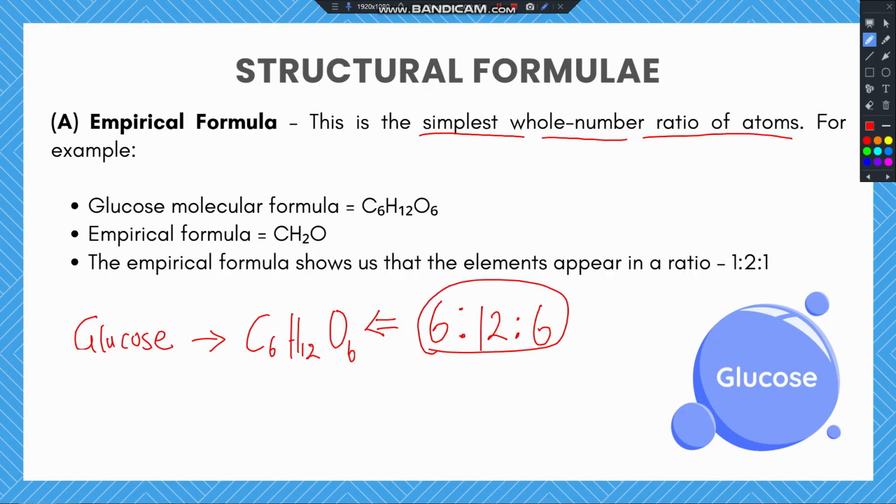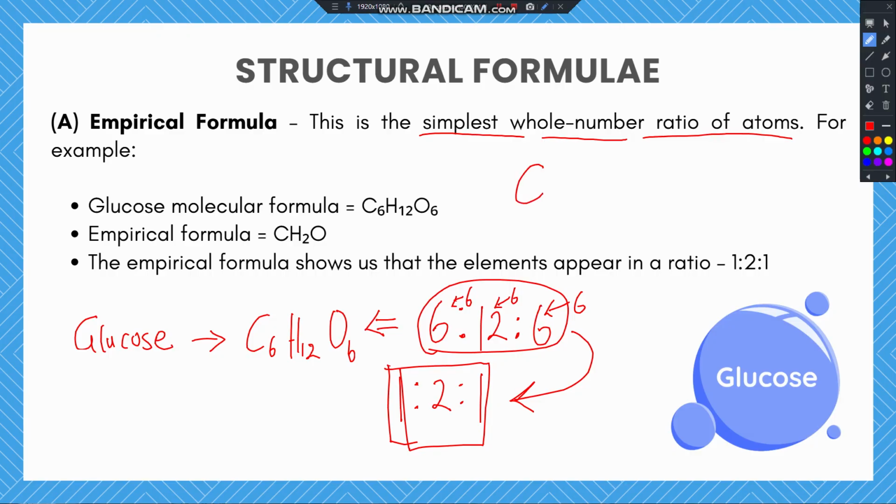But if I'm to break all of this down into its lowest term, I'll end up having 1 ratio 2 ratio 1 because 6 here can be divided by 6, 12 can be divided by 6, and 6 here divided by 6. That's how we end up having 1 ratio 2 ratio 1. Now if I assign all of these numbers to the elements, I would have CH₂O.